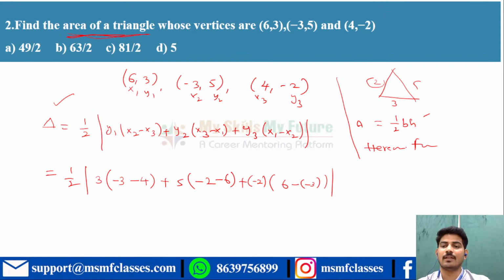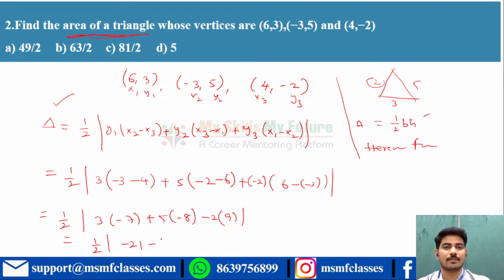Let's see whether her explanation is correct or not, with our explanation here. 1 by 2 of 3 into minus 7 plus 5 into minus 8 minus 2 into 9. If we simplify this equation, it will be like 1 by 2 of minus 21 minus, okay, is there any missing?